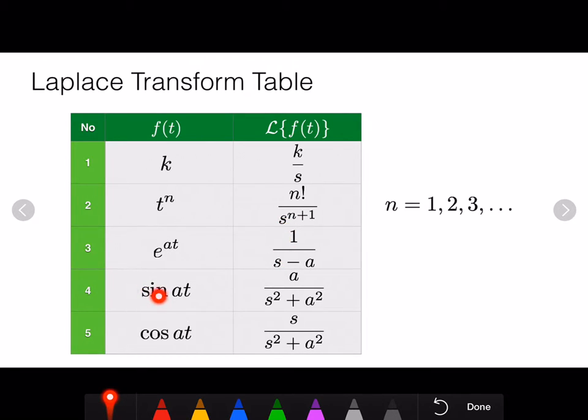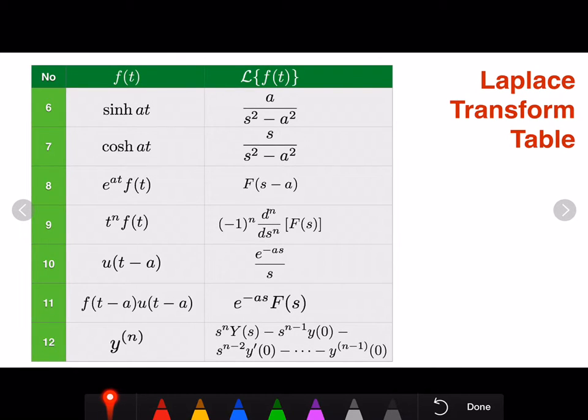The same for sin, cos, as well as the hyperbolic sin and cos. Numbers 8, 9, 10, 11 are the properties of the Laplace transform that we will go through in detail later. The last one is the Laplace transform for the derivative, which we also cover at the end of this topic.